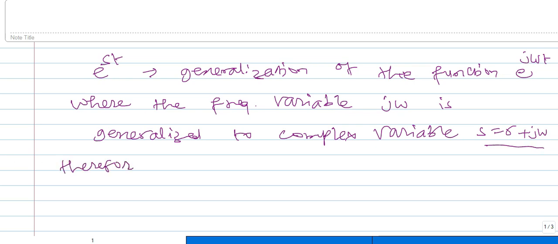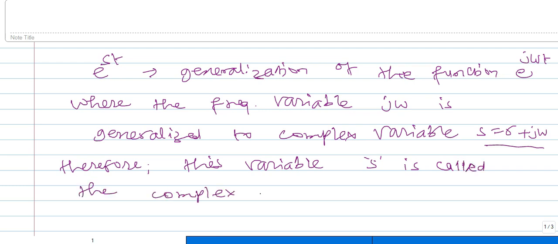Therefore, this variable s is called the complex frequency. Now we can see that this function e to the power st is a generalized signal, and depending on the value of s, this gives various different signals.